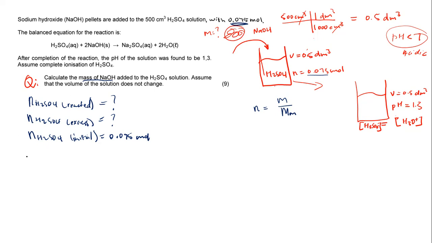Now we start doing calculations. The pH of the solution is equals to 1,3. But how do we calculate pH? The pH is equals to negative log of the concentration of hydronium ions.